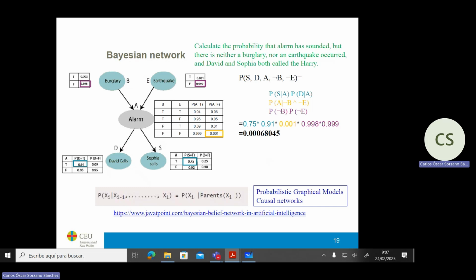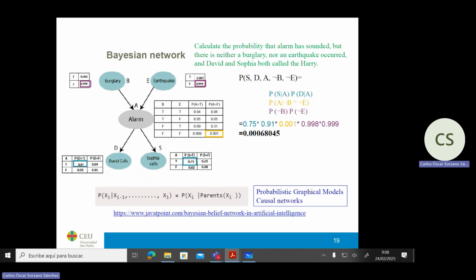And then the alarm depends on two things, burglary and earthquake. So probability of alarm, and then I'm interested in this thing: not burglary, not earthquake.